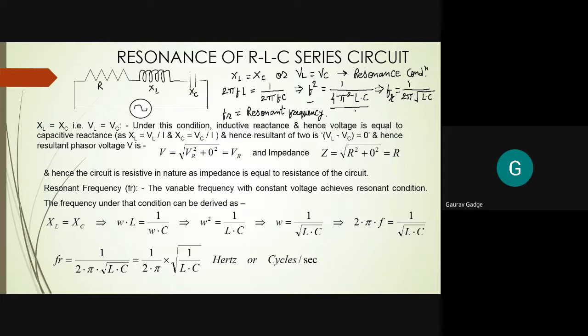So what is the resonance condition from which we started? We said XL equal to XC, which means the resonance condition is when the inductive reactance of the inductor and the capacitive reactance of the capacitor are both equal. Now how do we equalize that? By adjusting the frequency.